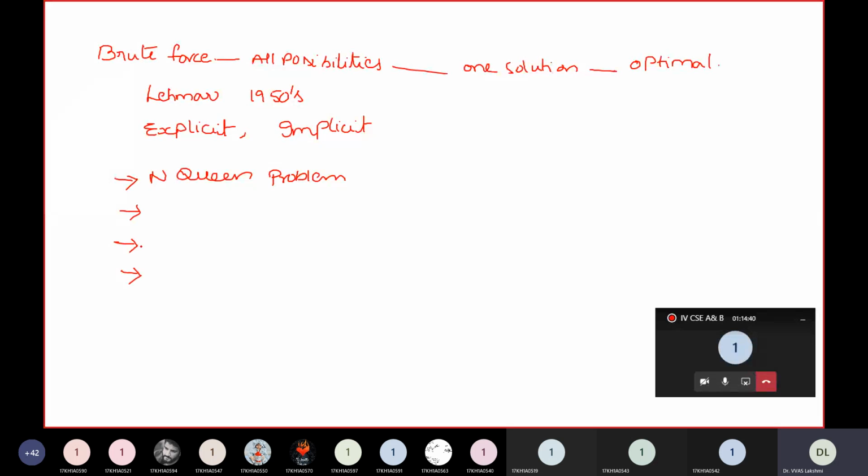First one is the N queen problem, another is the sum of subsets problem, next is graph coloring, and the last one is Hamiltonian cycles.